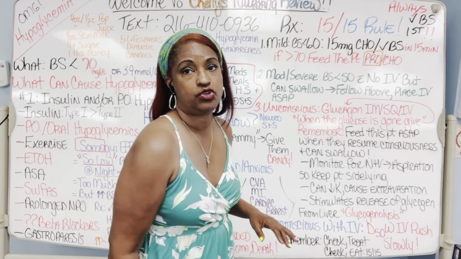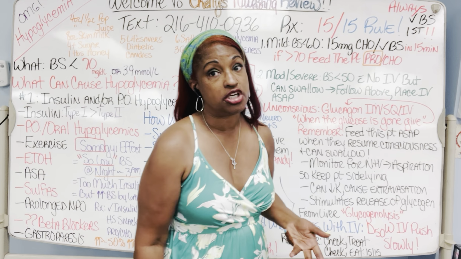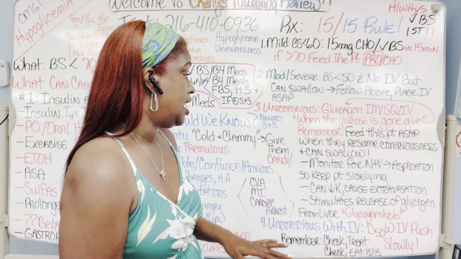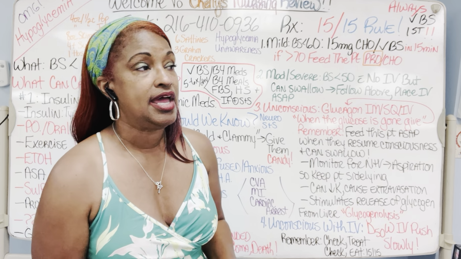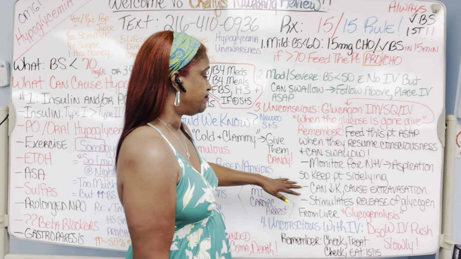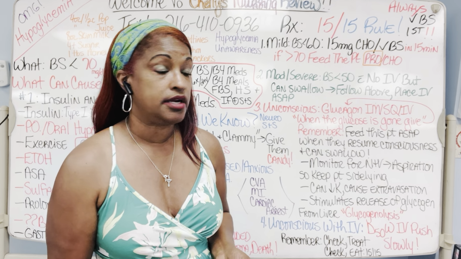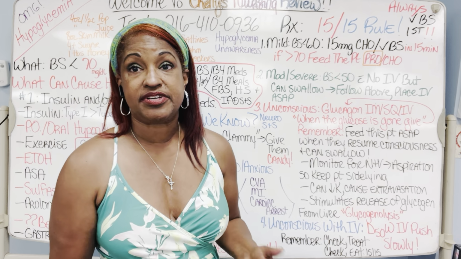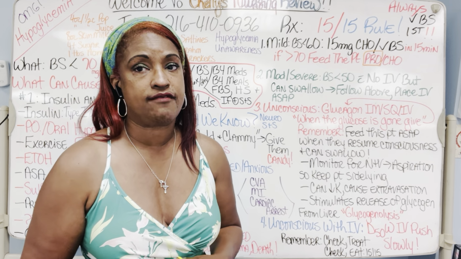When we give glucagon, make sure you monitor for nausea and vomiting, which could cause the patient to aspirate. And so we keep this patient in a side-lying position, because the patient can get pretty sick off of this glucagon. Also, we know that when we give glucagon, we might be lowering the potassium, and glucagon can cause extravasation.